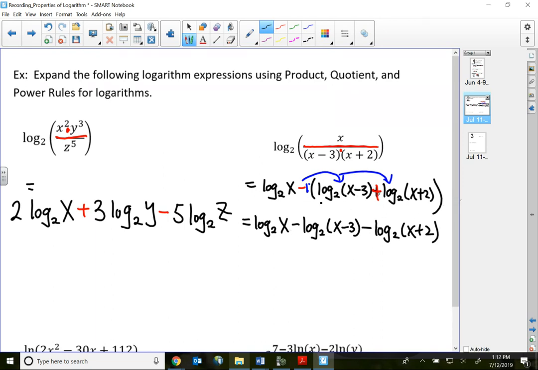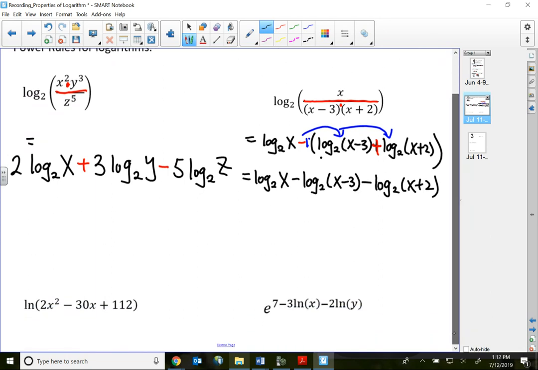So with that plus sign being there, it tells me that when I go back to a single logarithm, they will be multiplying. So that means this third term actually belongs to the bottom here, okay? So you will see it here just in a minute.